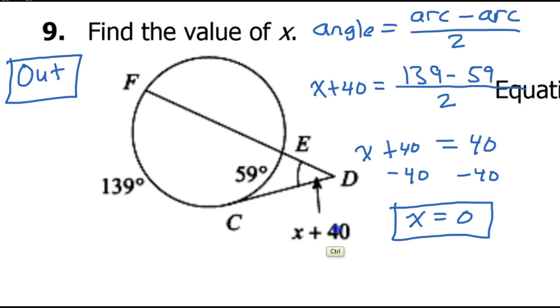That's okay, because it just means that angle D is 0 plus 40, so it doesn't mean that we have an angle with no size. It's simply 40. This angle is 40, and if we do this minus this divided by 2, we get 40, so it makes sense. But x is 0.